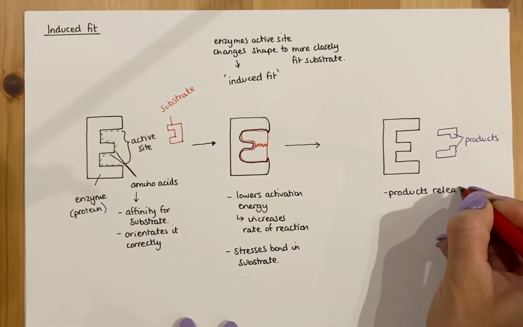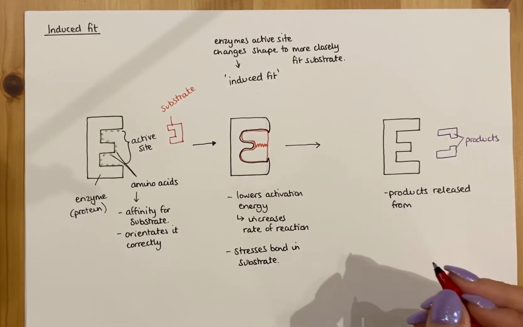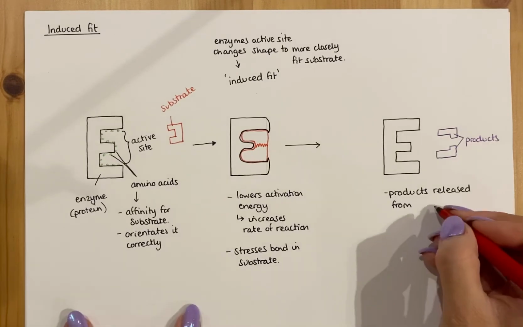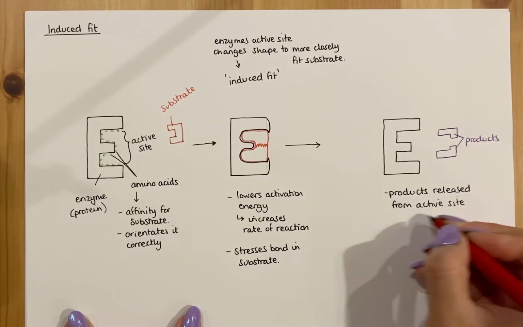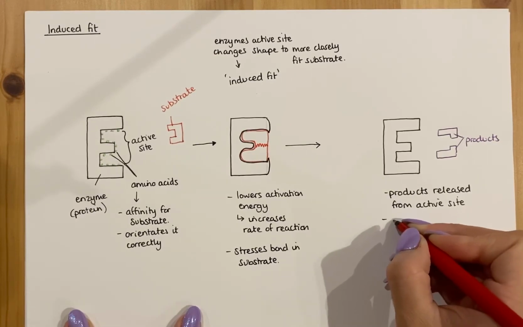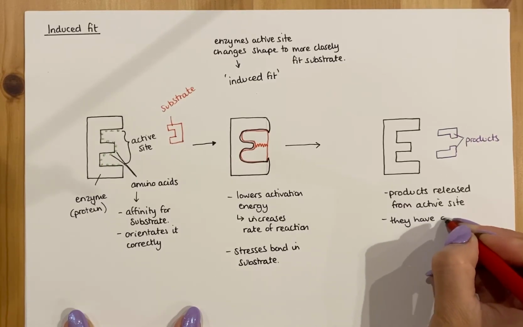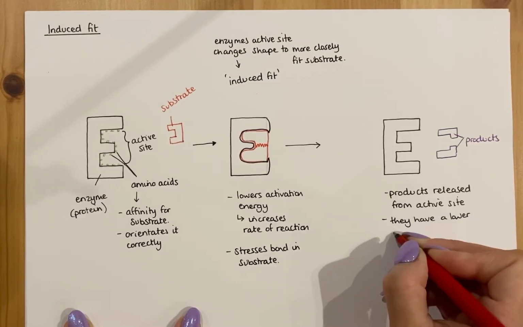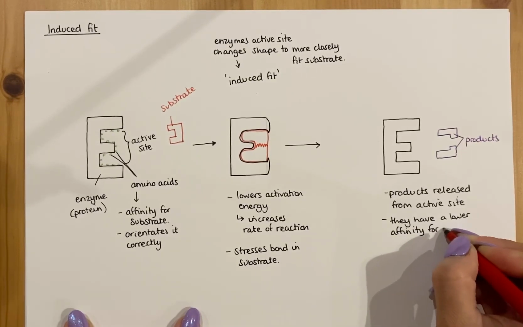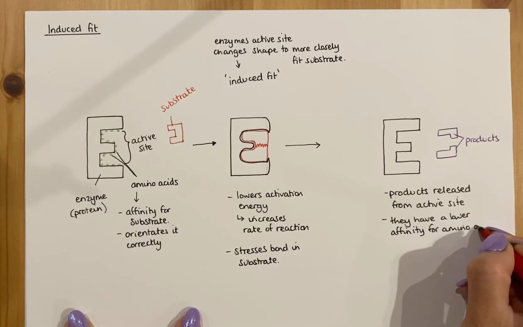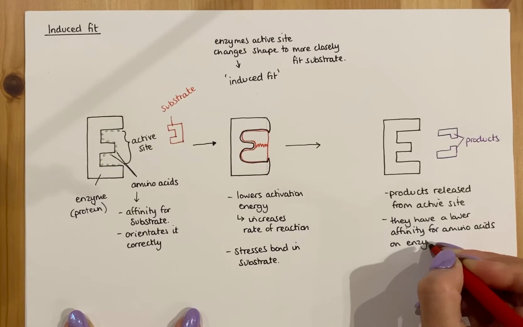Now the reason they're released from the active site is because they are not the substrate, and therefore the amino acids do not have an affinity for them. Okay, so we describe that as having a lower affinity. So they have a lower affinity for that enzyme in the active site and the amino acids on it. So they have a lower attraction.